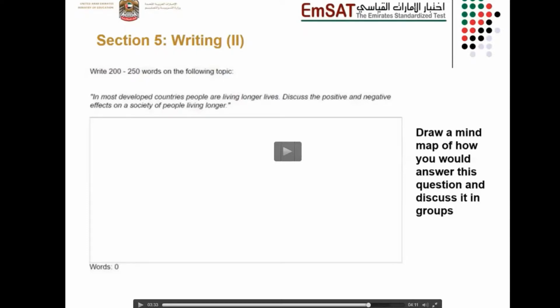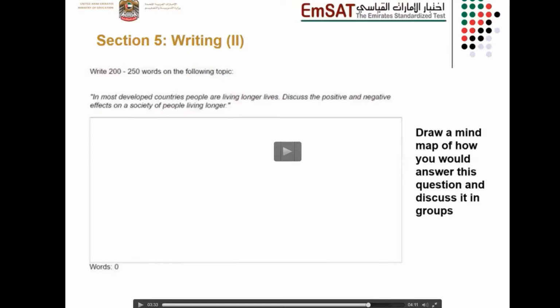What is the negative effect on the society? The population increases. When death rates become much less than birth rates, it would be dangerous on the society.